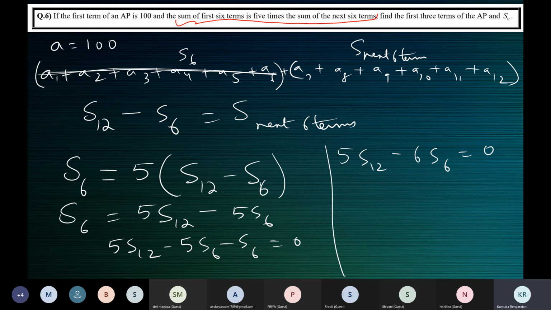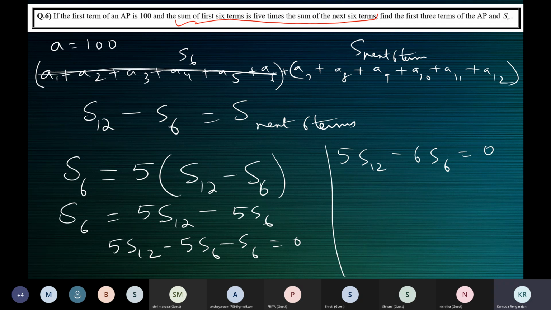Now substitute. That is the formula. Please complete this.